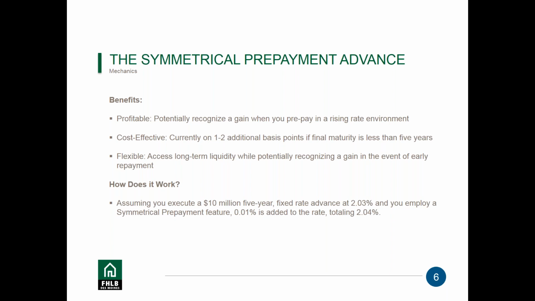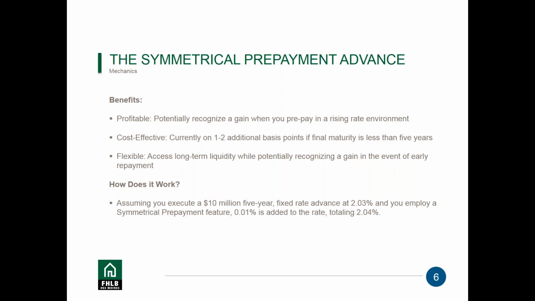And a normal term advance would dictate that if rates were to rise, you would not have a contractual feature in that regular advance that would allow you to monetize if rates went up. That is, with a standard term advance, there's no ability to cash in the chips if rates rose.